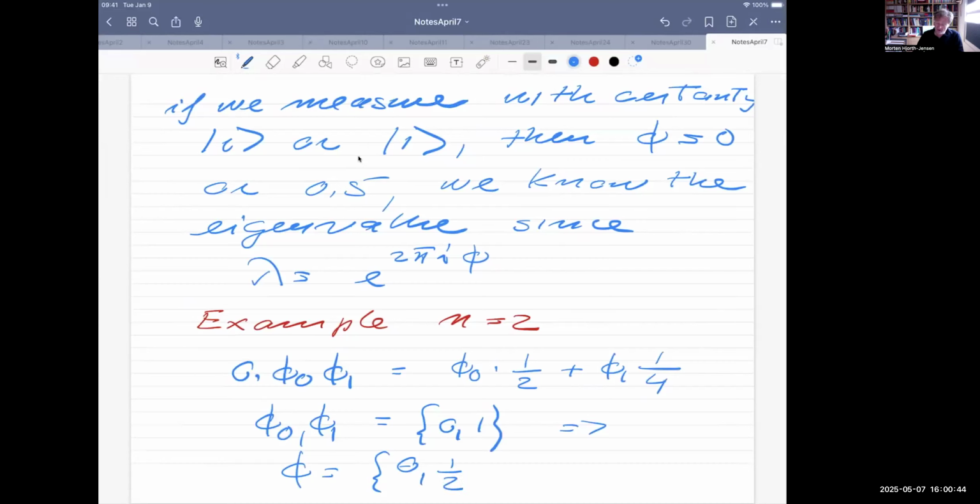If phi 0 is 0 and phi 1 is 1, then we get 1/4. And finally, if both of them are 1, then we get 1/2 plus 1/4, so the next value which we can reproduce is actually 3 divided by 4. So that means that we will have a precision which is described by 2 qubits, and the 2 qubits will then give us 4 possible values.